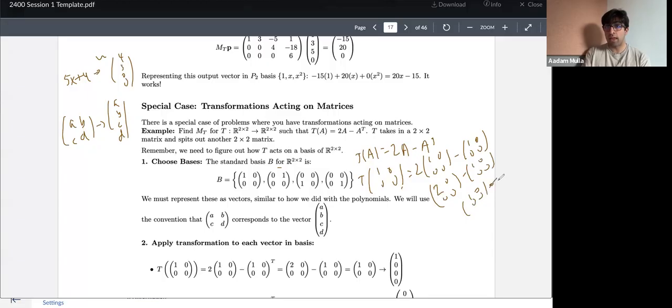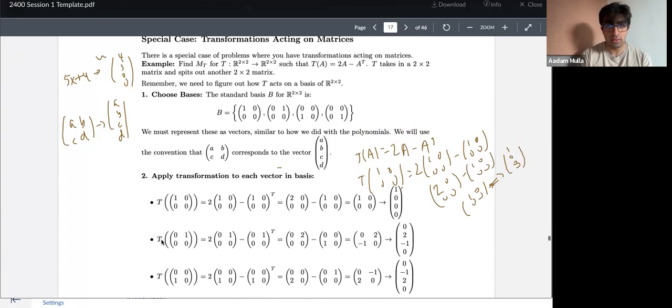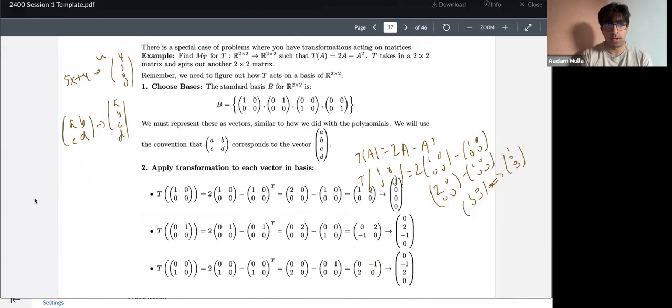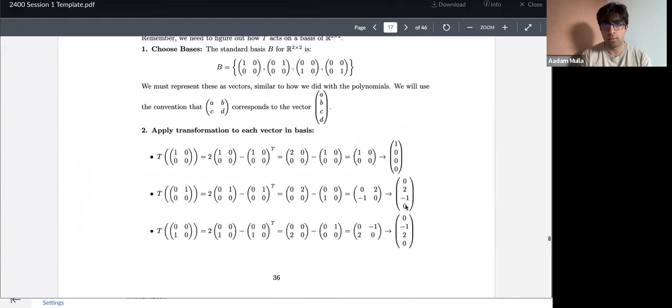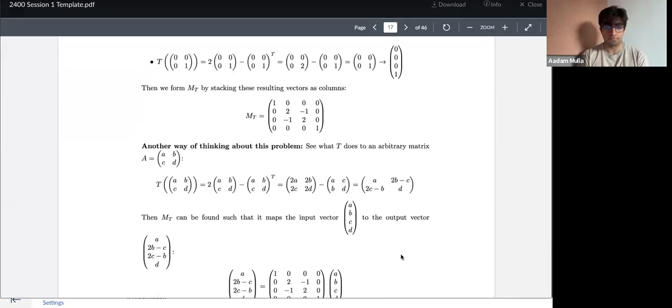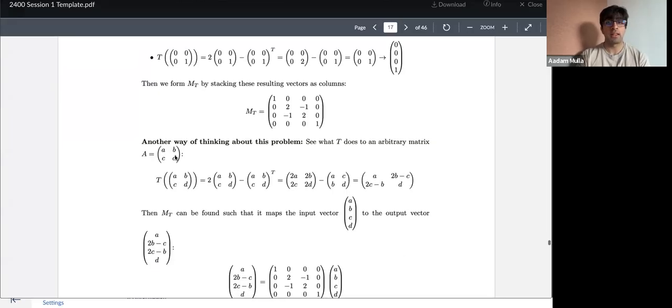And then remember, we have to form that into a vector. So 1, 0, 0, 0 is the output. Okay. We do that for each one of the basis vectors, 1, 2, 3, and 4. And then we get these 4 columns here, right? So this is the first column, second column, third column, fourth column, and boom. Stack it.